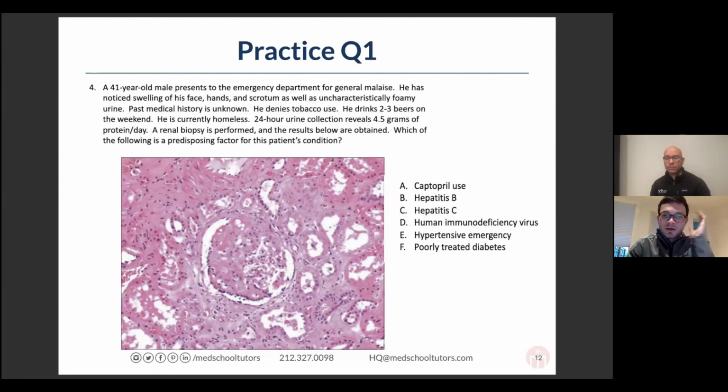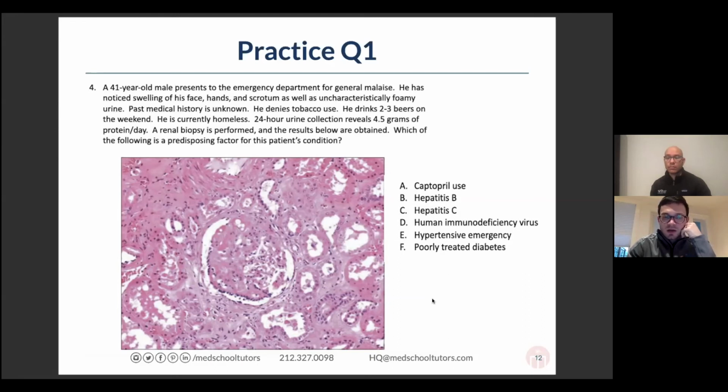No. I think epidemiologically, if you just told me a person showed up with nephrotic syndrome in the US, I might be like, yep, untreated diabetes, absolutely. But like we mentioned, they've given me this extra little piece of information that he's unhoused. So that puts some things in my mind that it shouldn't because of bias, but it does because of being a test taker, like drug use, chronic infections, things of the like.